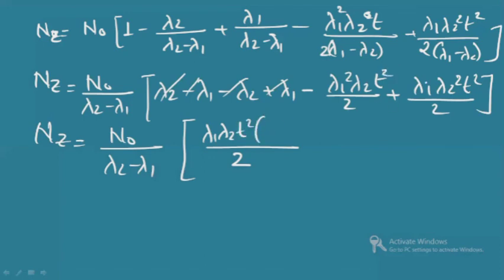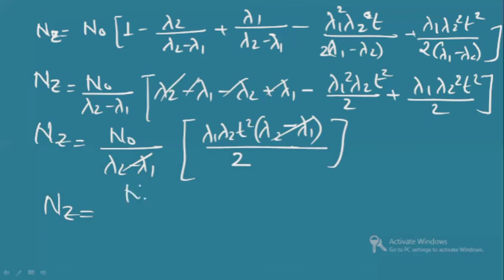So then you will get what? This is the positive term, so I'm writing it first. It's lambda 1 lambda 2 t square taken common. All right. And here you will have what? Minus you will have here lambda 1, right? So this lambda 2 minus lambda 1 will cancel this lambda 2 minus lambda 1, and you will get nz is equals to what? N naught by 2, here you will have lambda 1 lambda 2 t square.